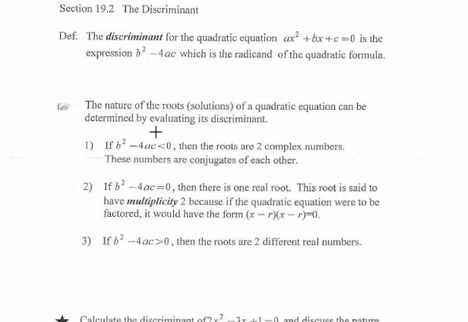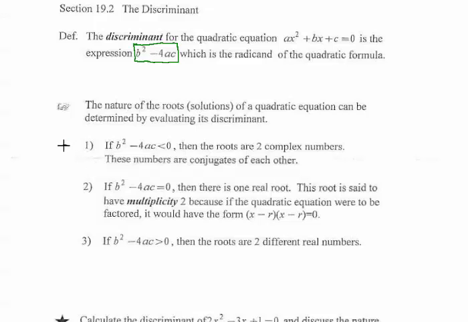On the next page, we define what's called the discriminant, and you've already seen it if you've used the quadratic formula. It's simply the b squared minus 4ac from inside the radical. This part of the formula determines how many and what type of solutions we get from a quadratic equation.